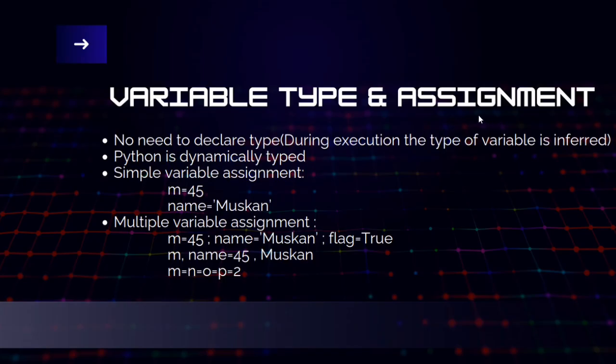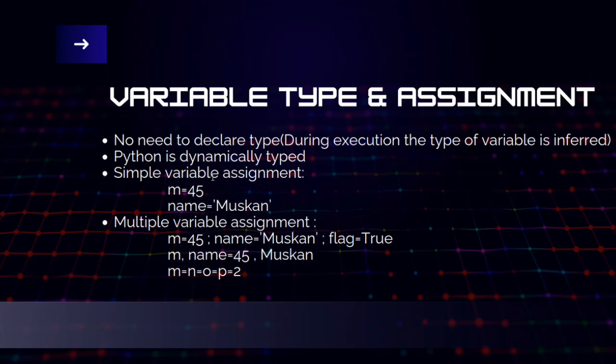Variable type and assignment. There is no need to define the type of a variable. During execution, the type of the variable is inferred from the context in which it is being used. Hence, this makes Python dynamically typed.